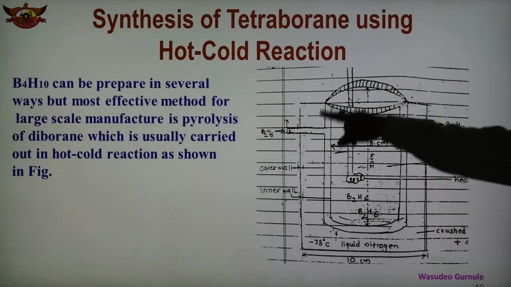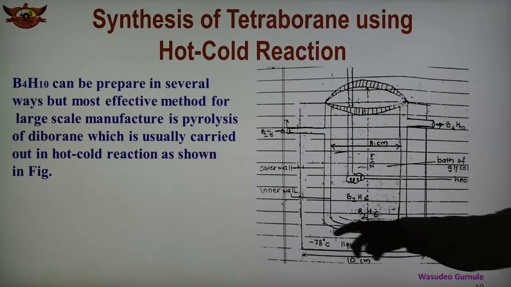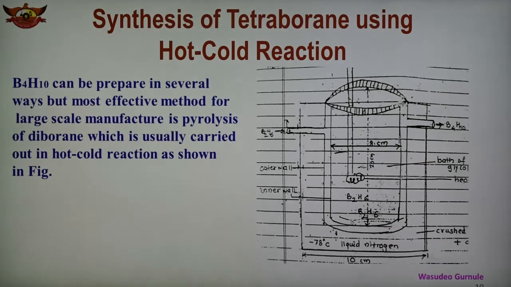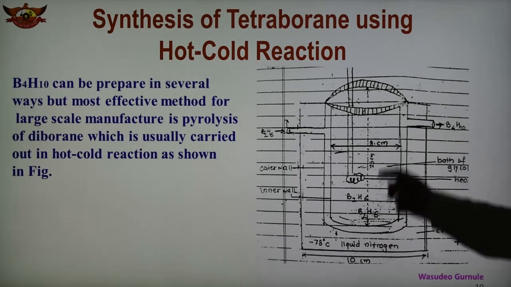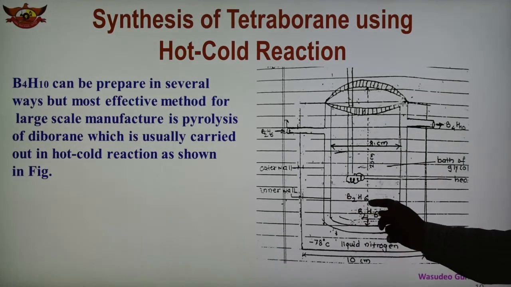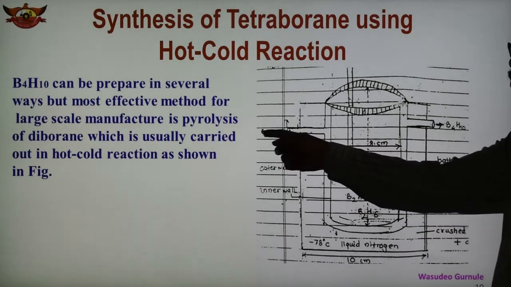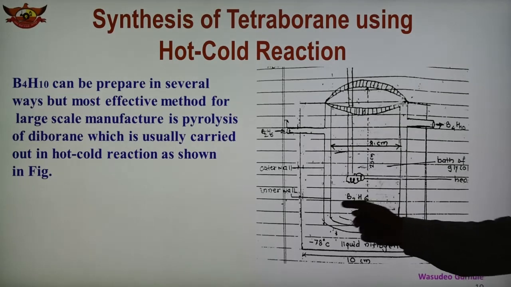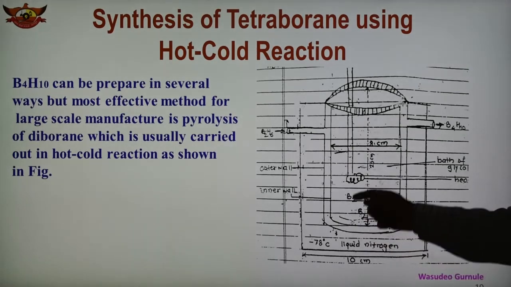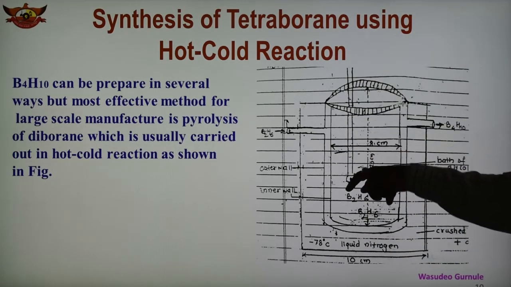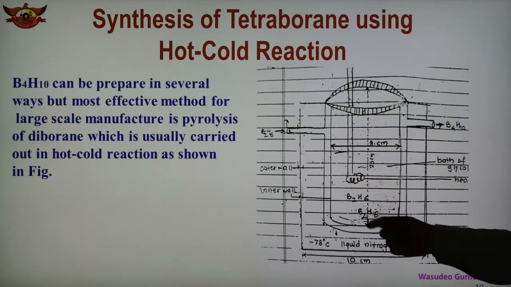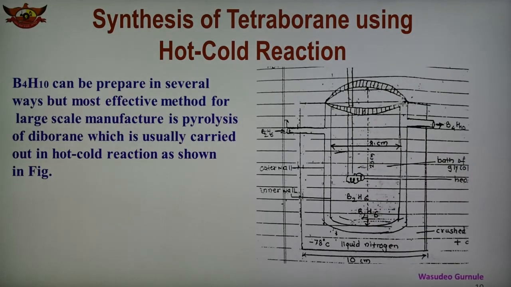This cylinder is kept in crushed ice. At the bottom there is crushed ice, and in this cylinder we take B2H6, diborane. Diborane passes through this outlet and comes inside here. Here is the diborane, and this is the coil that we put in this solution of diborane.